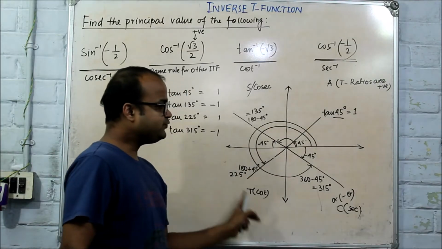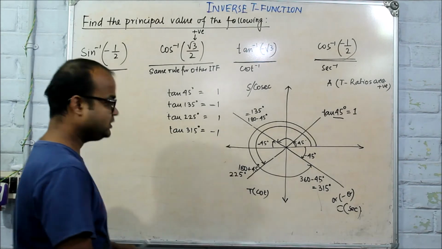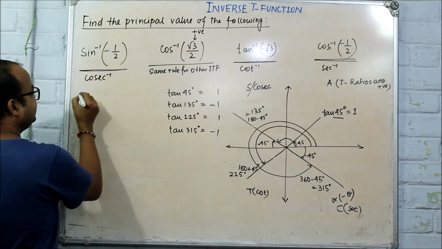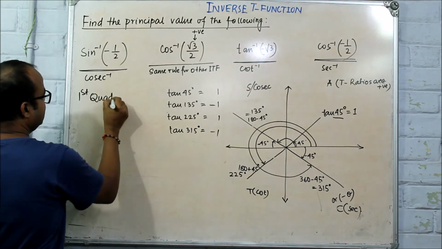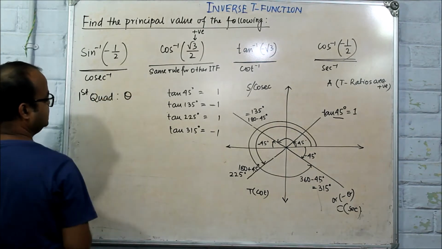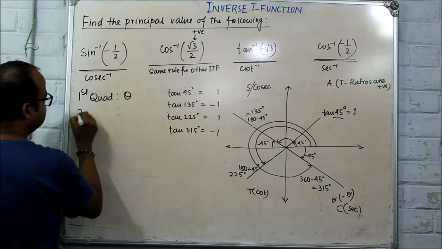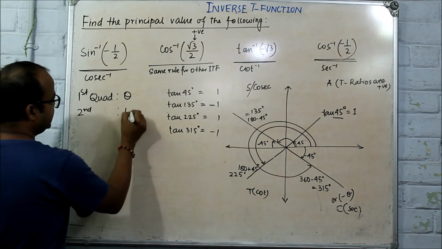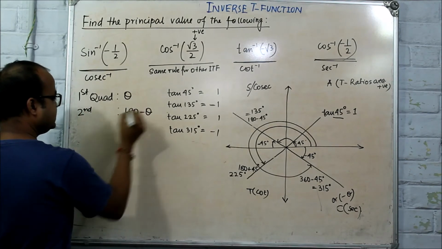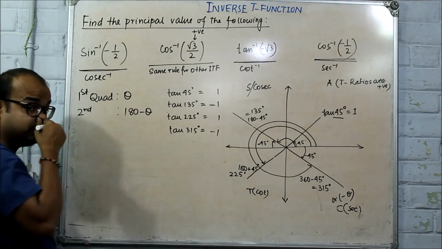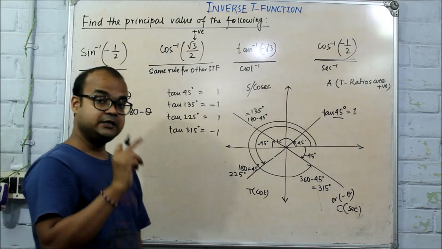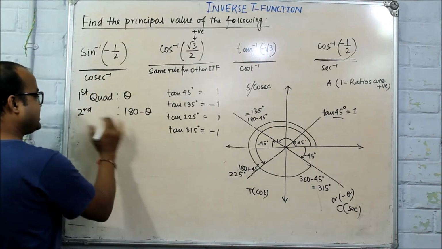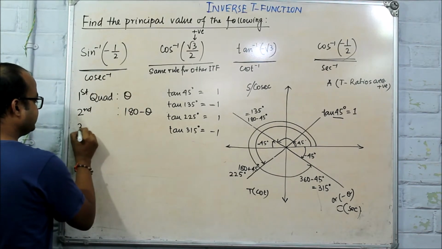So, if we summarize this result, in the first quadrant, if the angle is theta, then in the second quadrant we represent the angle as 180 degree minus theta, where the magnitude of any trigonometric angle is the same and the sign will change accordingly.